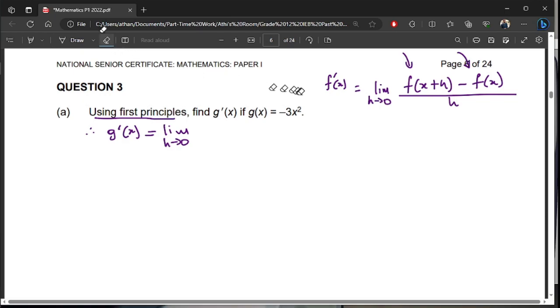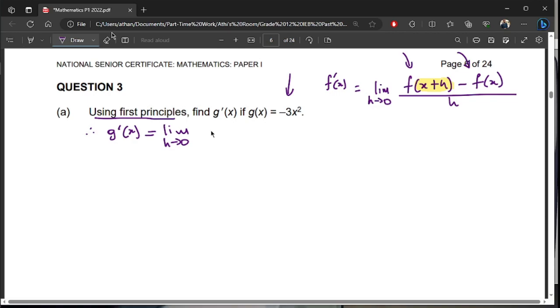One thing I want to remind you of is when you're going to plug the equation into the formula, where we see x, we are going to plug in x plus h. This simply means that the x value in the function has been manipulated by adding h. So where we see x, we are going to add h.